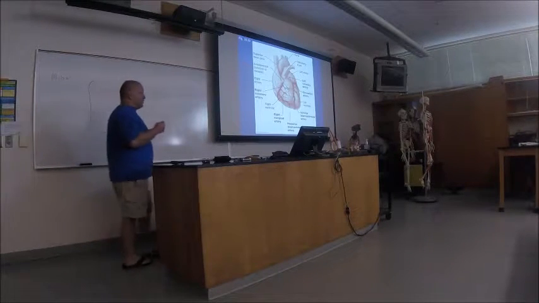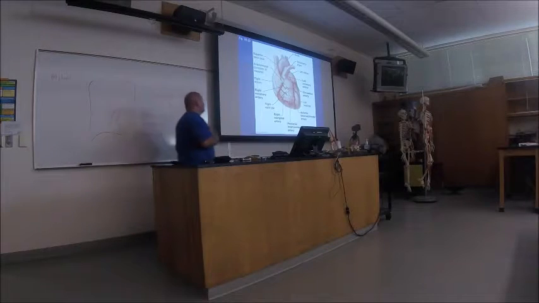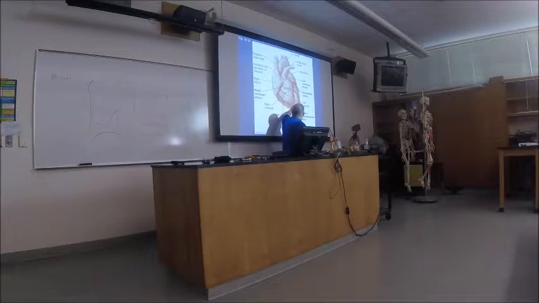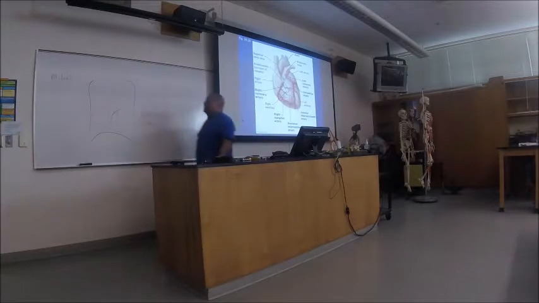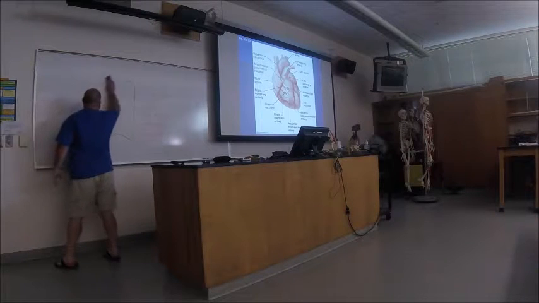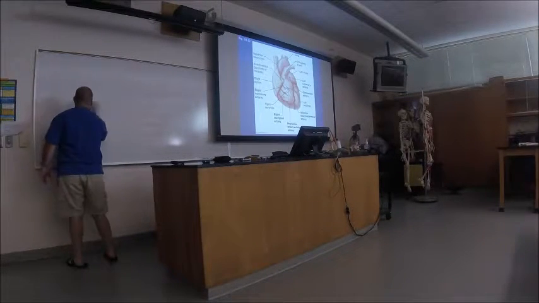So if you were to have an occlusion in this vessel, say right here, then anything distal to that occlusion would not be getting any blood. I've talked about this with strokes, and with blood flow in general.